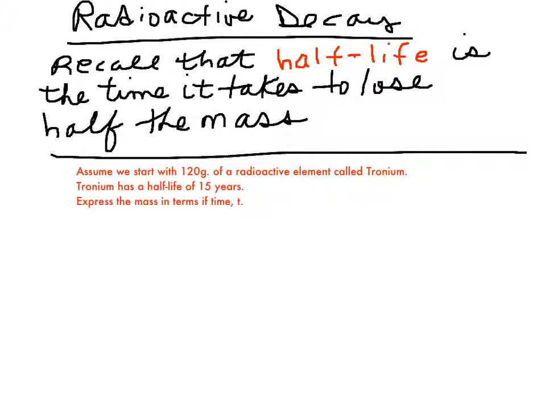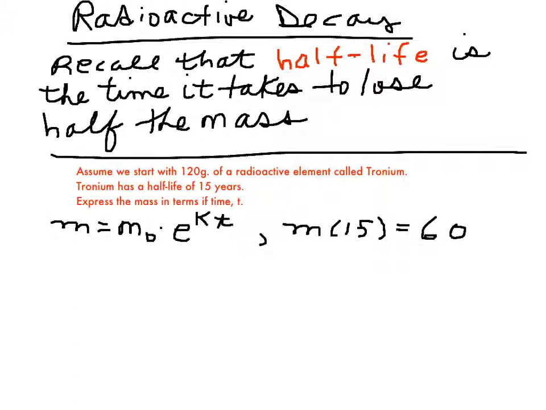So what we know is that M is equal to M sub naught times e to the kt. That's our standard equation. And we know that in 15 years it will lose half of its mass. In other words, M of 15 is half of 120, or 60. So if we make that substitution, we have 60 is equal to M sub naught, which is 120, times e to the 15k.